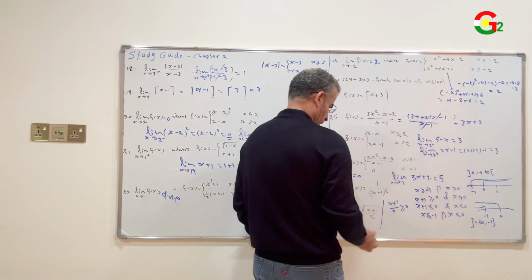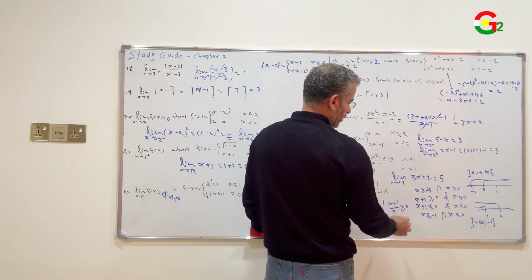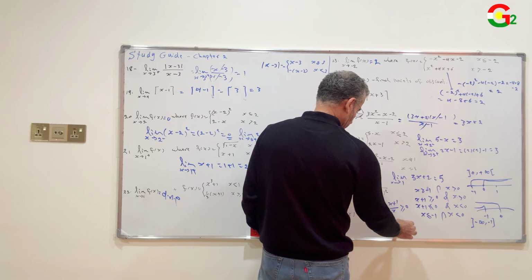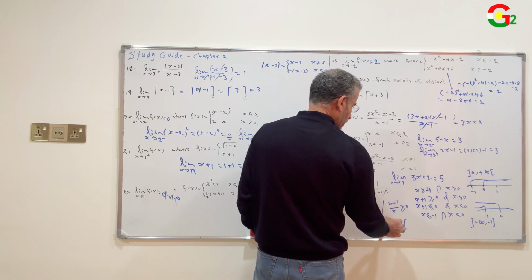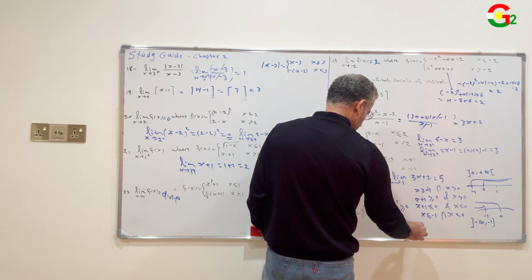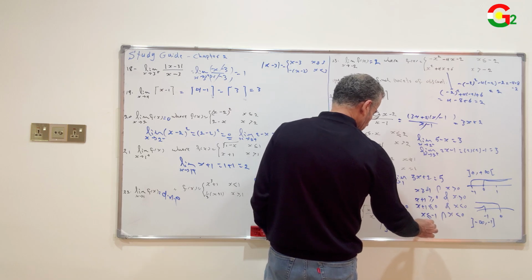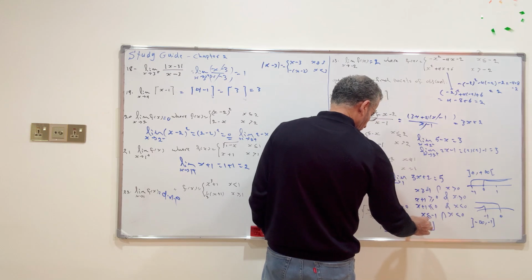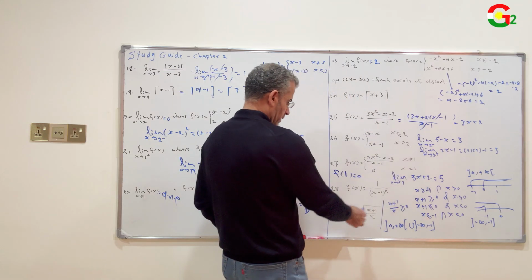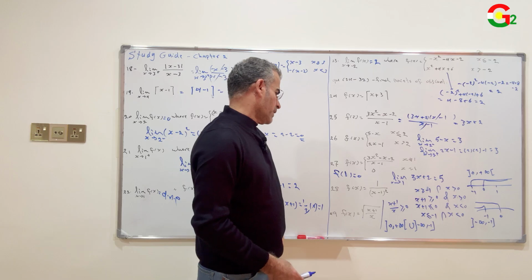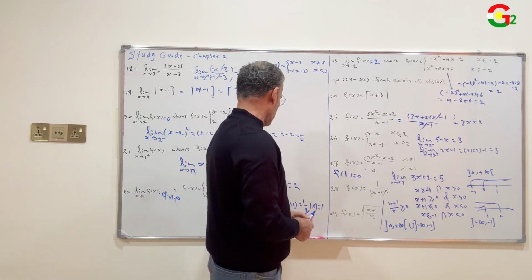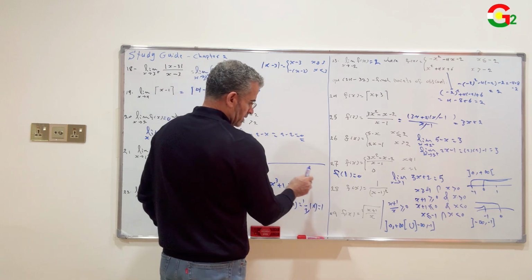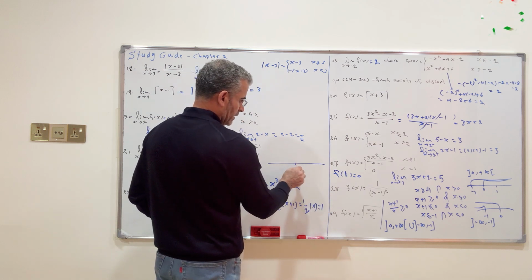These two intervals give the domain: from 0 to positive infinity, open interval, union -infinity to -1. This function is continuous in this interval and discontinuous elsewhere. If we want to find the interval of discontinuity, let us check 0 to infinity.